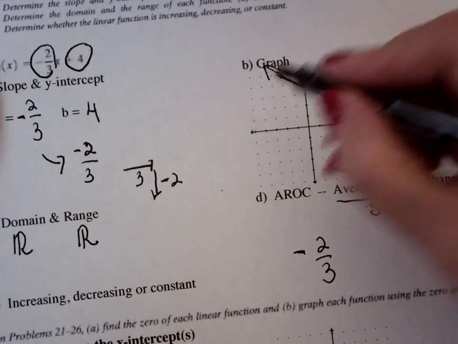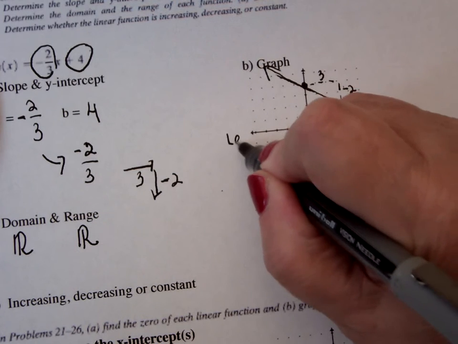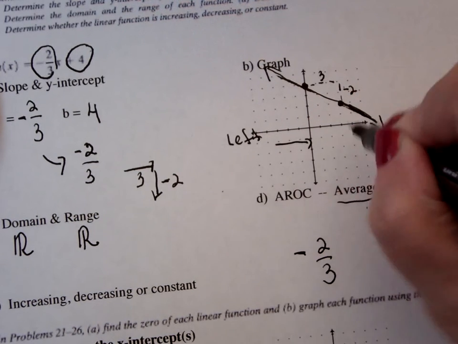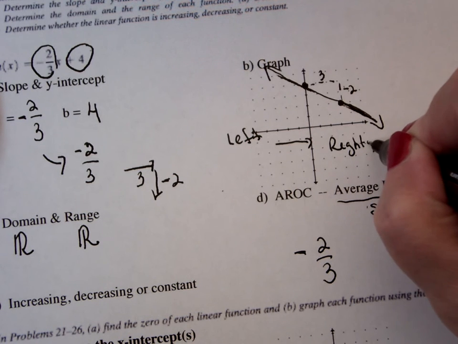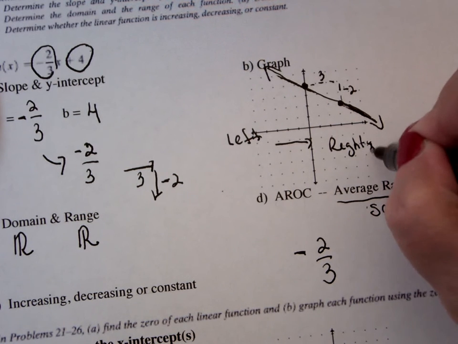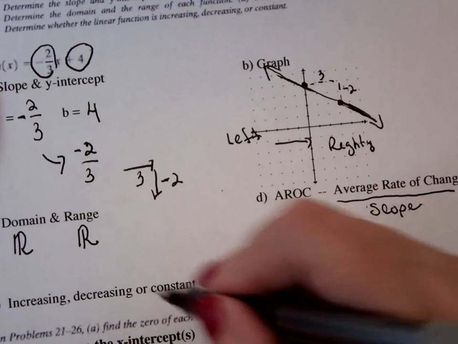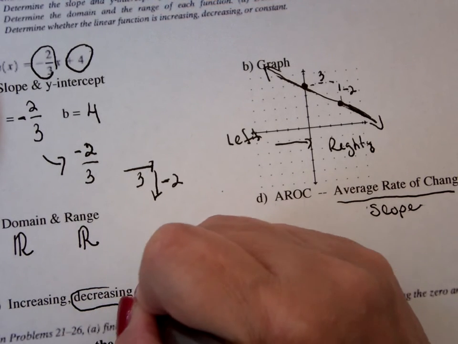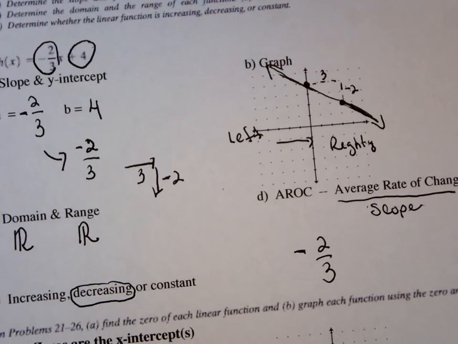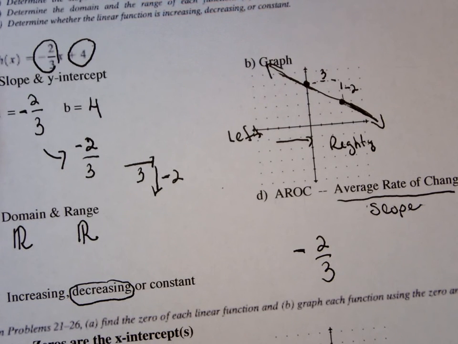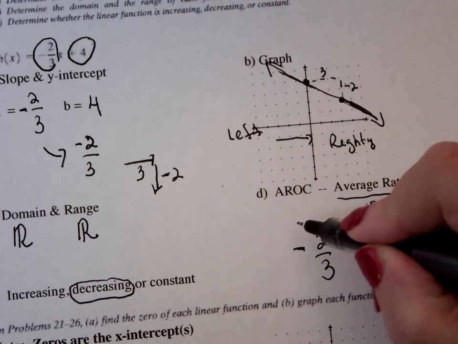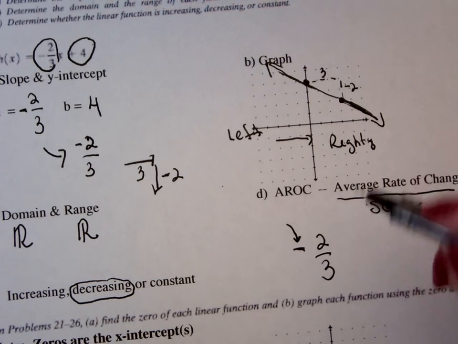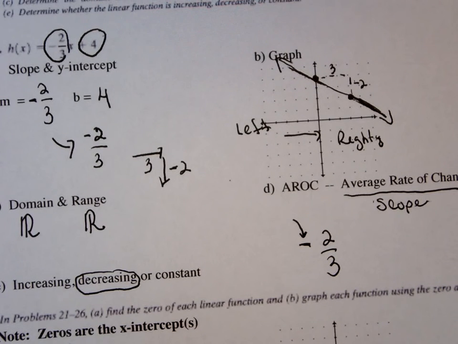That says as we move from left to right, is y going up or y going down? Down. So as a result, he is decreasing. And you're always moving from smallest x to largest x for increasing and decreasing. And by the way, we know he's decreasing anyway because the slope is negative. That means decreasing.